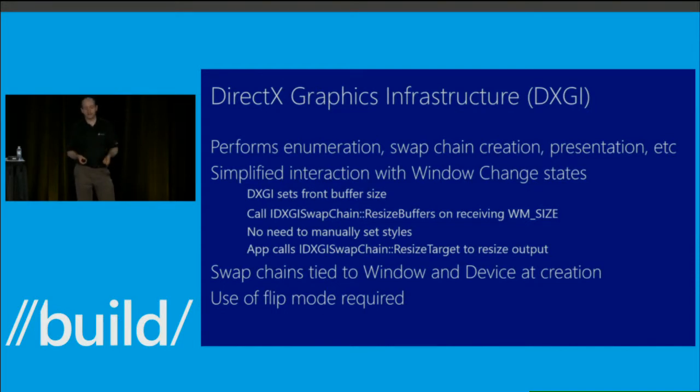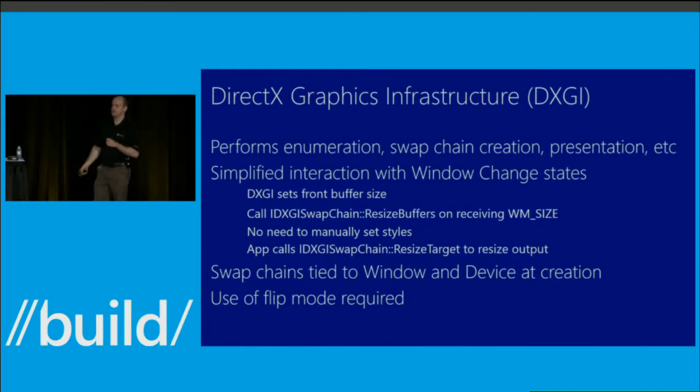So things like when there's a resize, you don't have to do nearly as much as you used to. Basically, DXGI will take care of setting the front buffer. All you have to do is call resize buffers, and you'll be good to go to resize the back buffer. Also, things like the window pane and borders, you don't have to worry about setting those anymore. DXGI will take care of those.